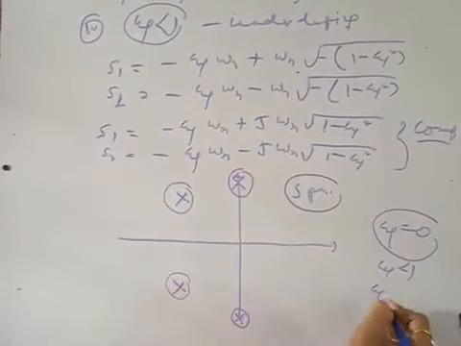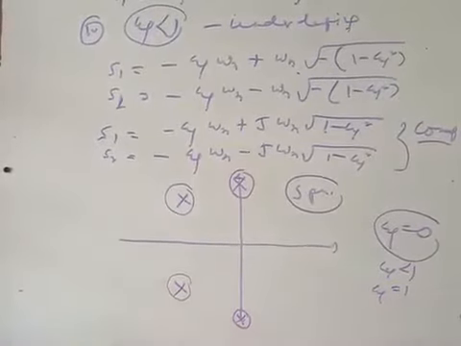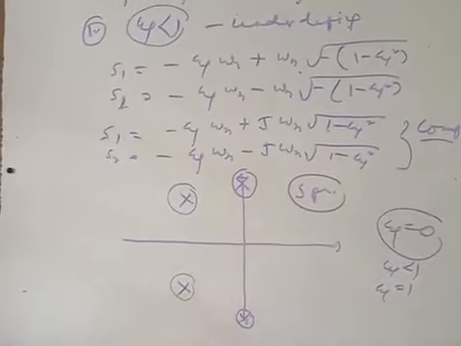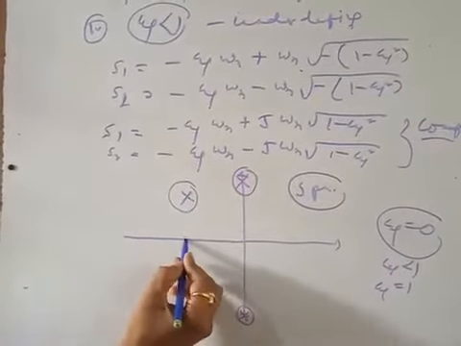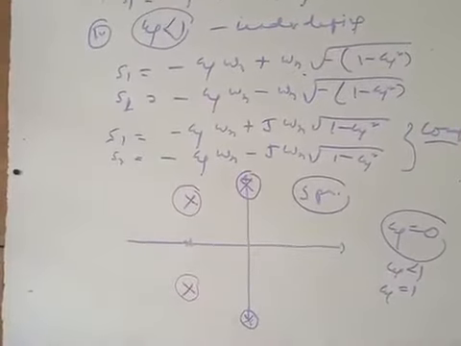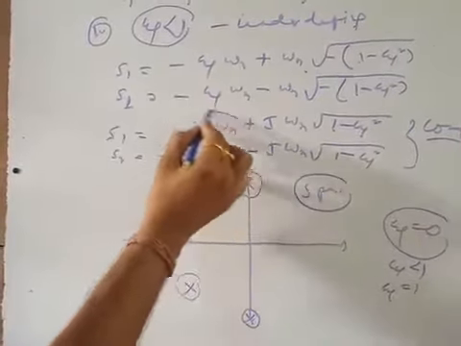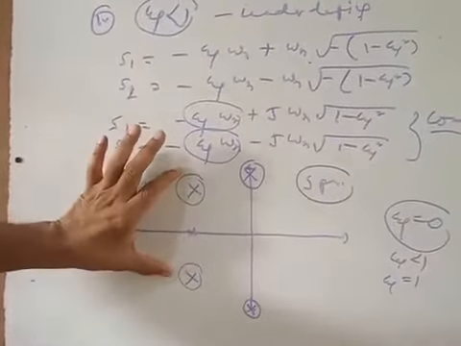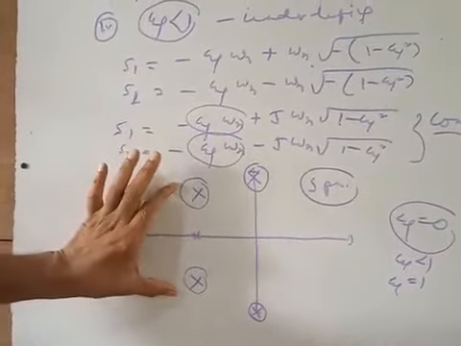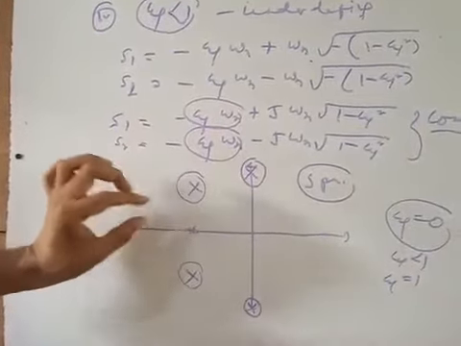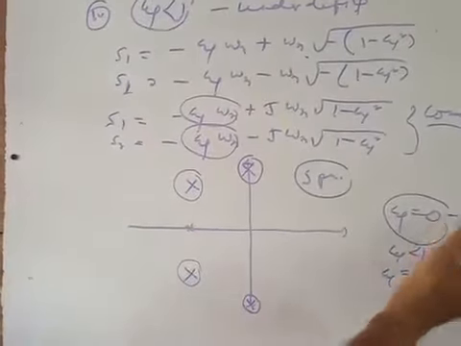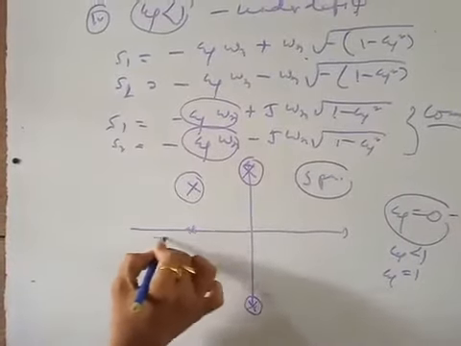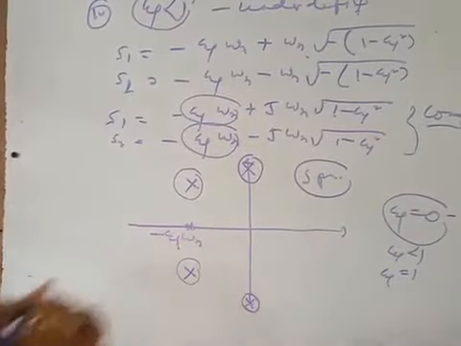When xi was 1, the poles are located on the minus xi omega n, that means the real part. The real parts of these two poles are the same, and that is again equal to the real pole location when xi was 0. This is your minus xi omega n, right?